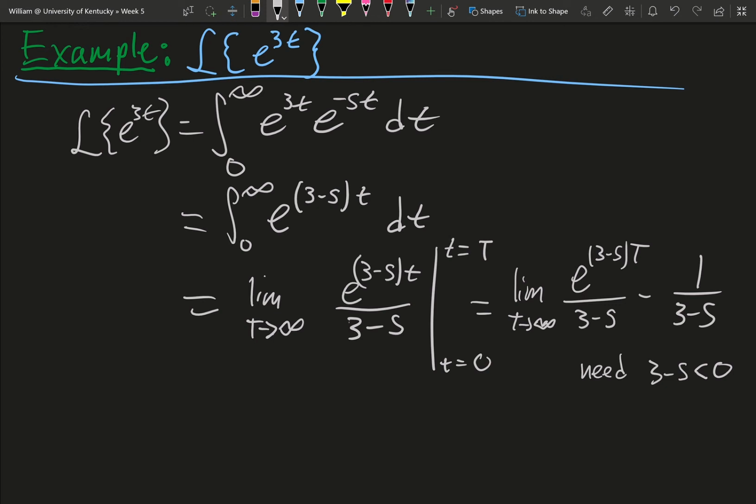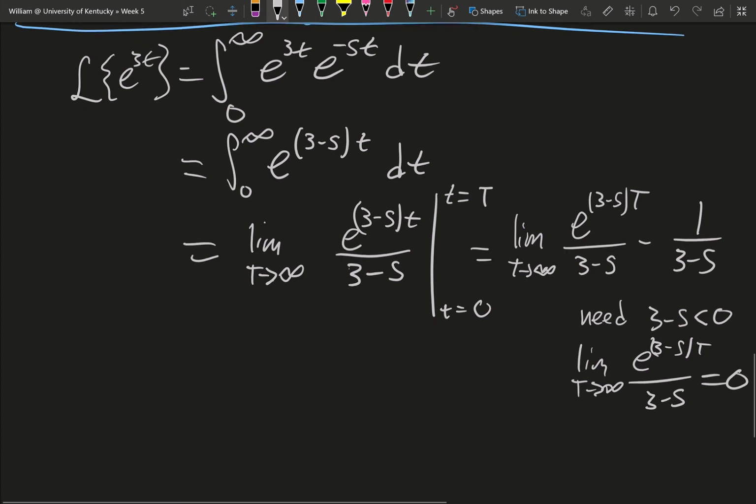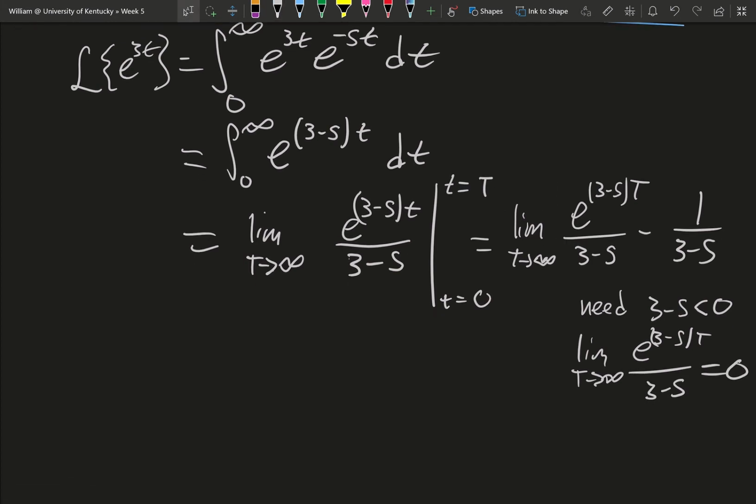And if this is less than 0, then the limit as t goes to infinity of e to the (3 minus s)t over (3 minus s) just equals 0. And so our answer is just going to be 1 over 3 minus s, or we can rewrite that as 1 over s minus 3.